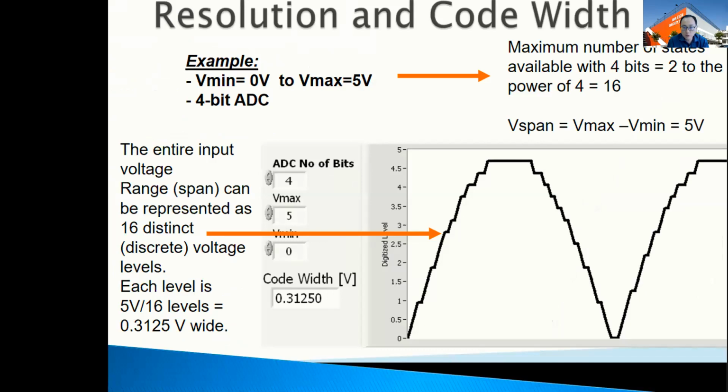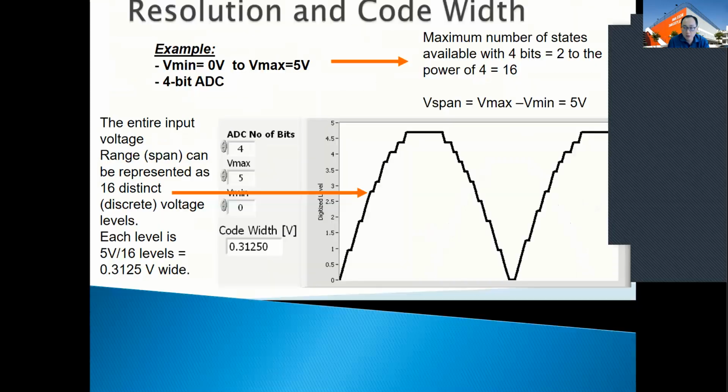Remember, just now I told you the formula for code width. You need to make sure you remember that formula. Code width means the voltage range divided by 2 to the power n. In this case, the code width has reduced to 5 volts divided by 16 levels, which is 0.3125 volts.